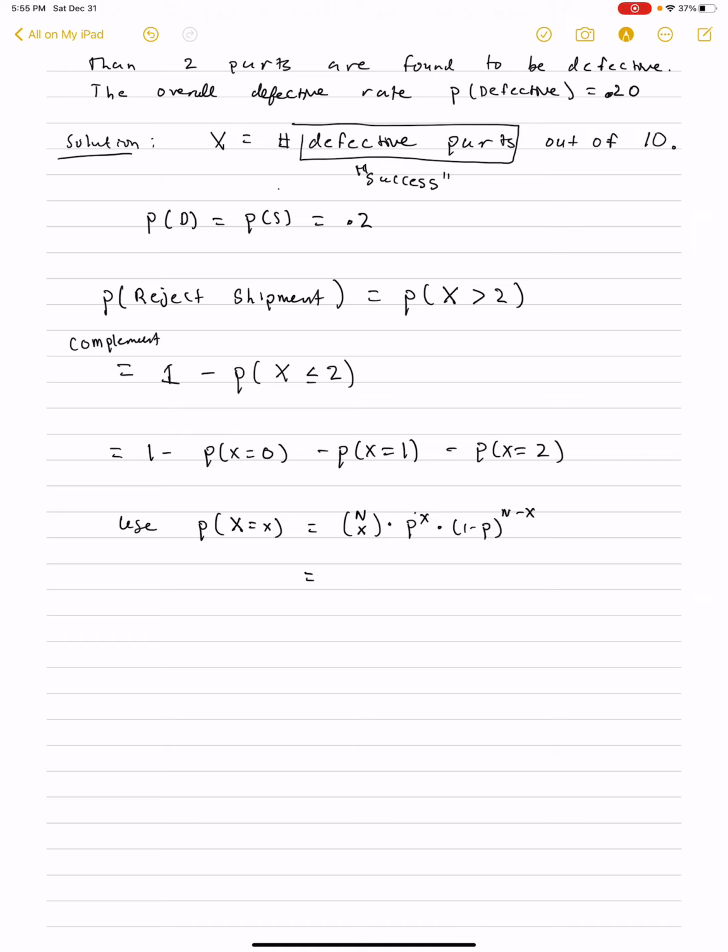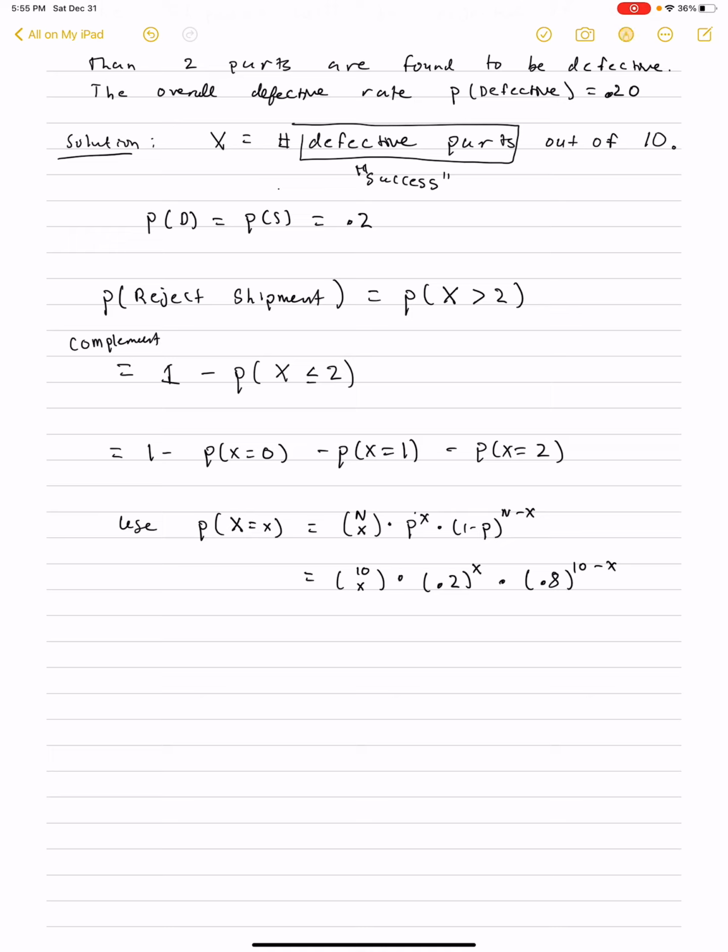And in this scenario, n is 10, x is determined by the value specified in the probability. Probability of success, which is being defective in this case, is 0.2 times 0.8 to the 10 minus x.